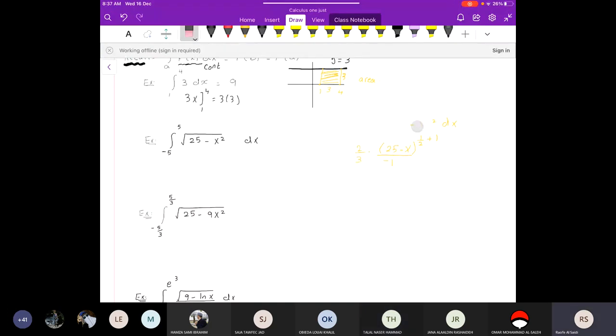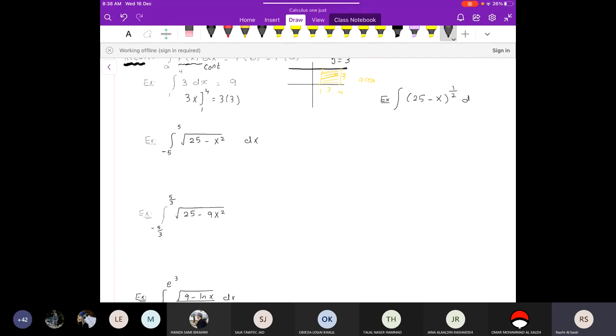Once again, if we had the question: evaluate the integral of 25 minus x to the power 1/2.